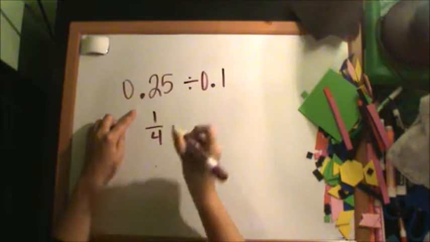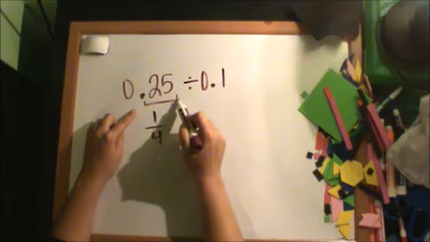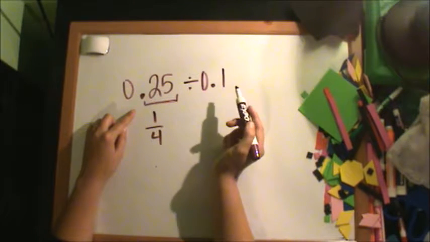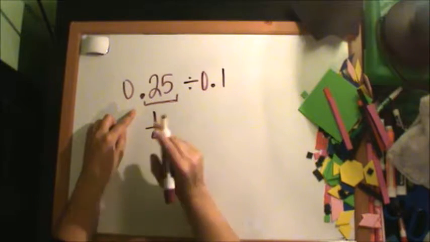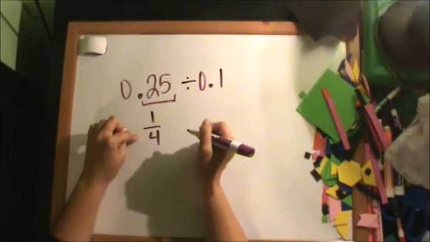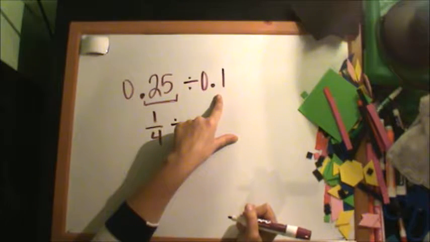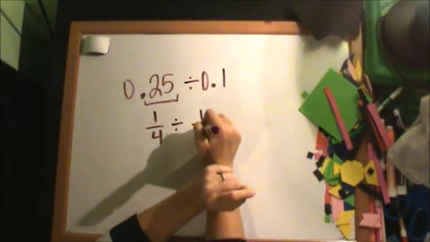The reason I know that is because there are 4 quarters in a dollar. So 1/4 divided by, when you read this as 1/10 instead of 0.1, that gives you the fraction.